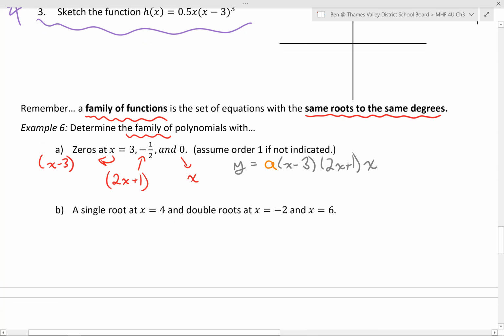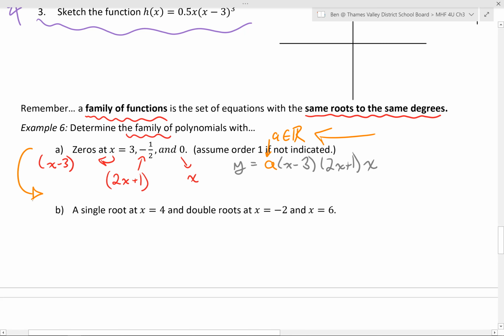We'll call it our stretch factor. Any stretch factor here at all will be a part of this family of functions, where a must be an element of the real numbers. That really goes without saying because in this course we're only working with the real numbers.